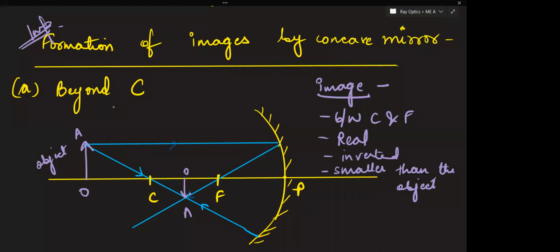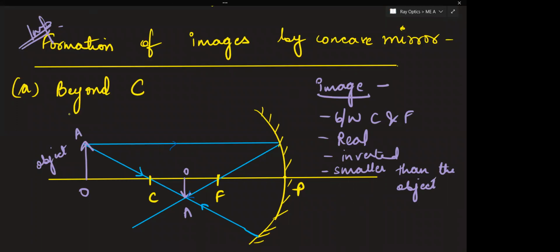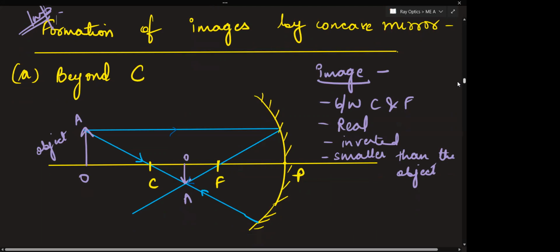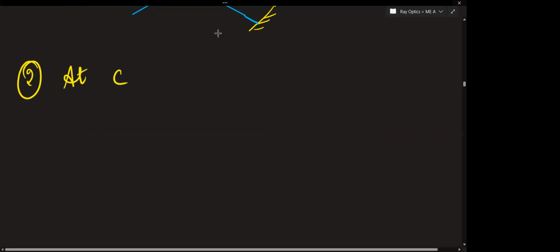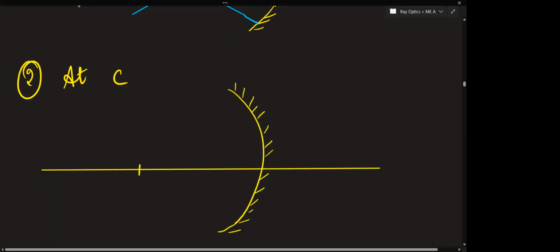Fine? Any doubts in here? Clear? This first part. Yes, ma'am, clear. All right, good. Second part. Now let's shift our object a bit. From here, let's keep the object exactly at the center of curvature, at C. This is the center of curvature.